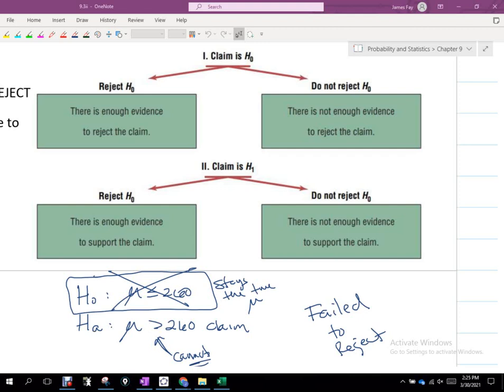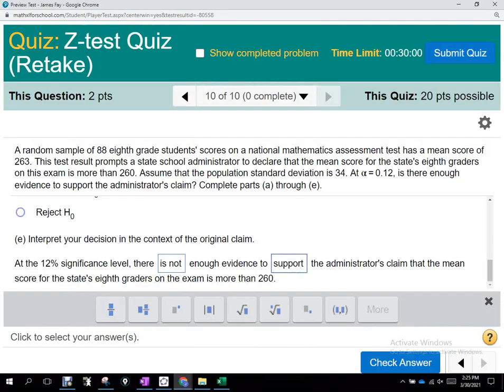We failed to reject it, so do not reject. It says there is not enough evidence to support the claim. And that's exactly what we had: not enough evidence to support the claim. Does that kind of make sense?